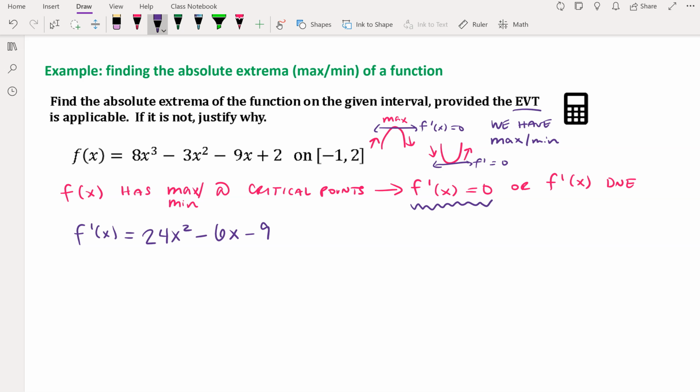Cool. We want the derivative to equal 0, so let's set it equal to 0: 0 equals 24x squared minus 6x minus 9. How do we solve this? We factor. It factors into two factors, 4x minus 3 and 2x plus 1.